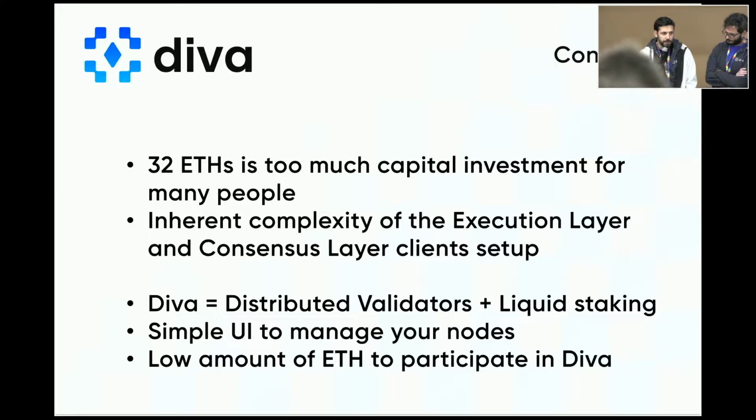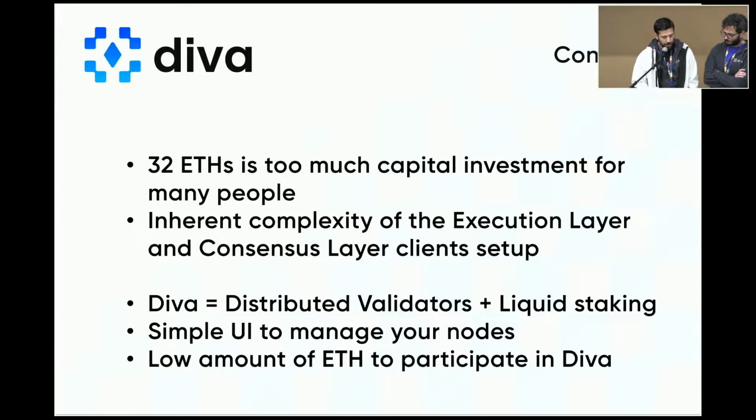How we do it is through LSD and DVT. With LSD, we have different benefits, it's economically better. And also, we have resiliency because of DVT, and it is more decentralized.